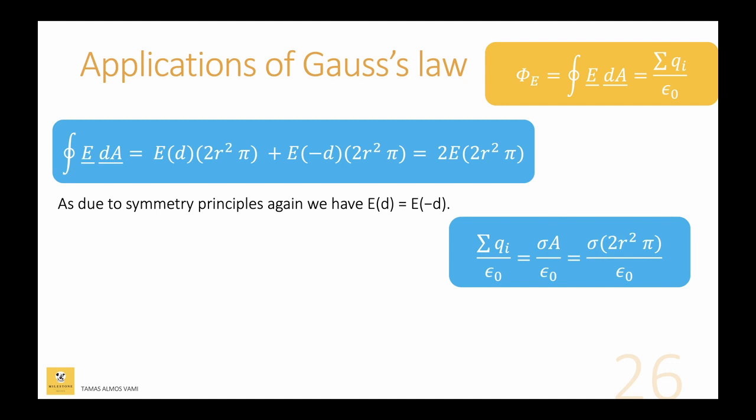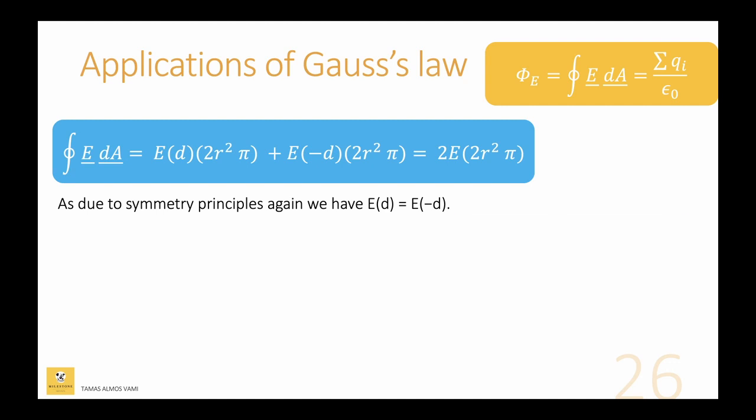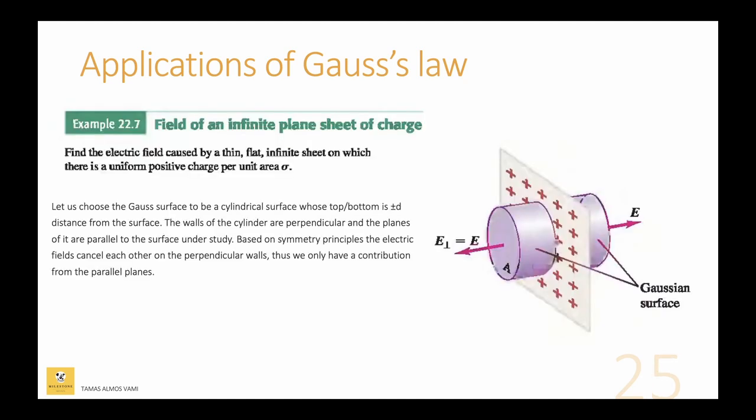Well, it's the same A that we used earlier, but not actually the same one. So this is now the circle which is cut by the plane and the cylinder.